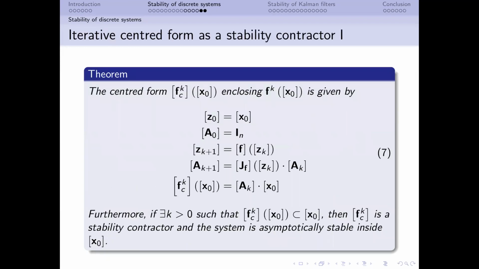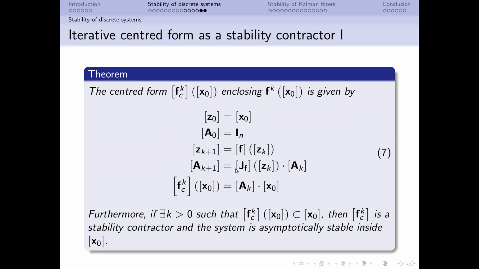Right. So now that we have introduced what a stability contractor is, let's see how we can build one. Well, in the thesis, we also have shown that the iterative form of the centered form of a function can be a stability contractor for a system, depending on the initial state of the system. So let's say that we have an initial box for the system that is x0.